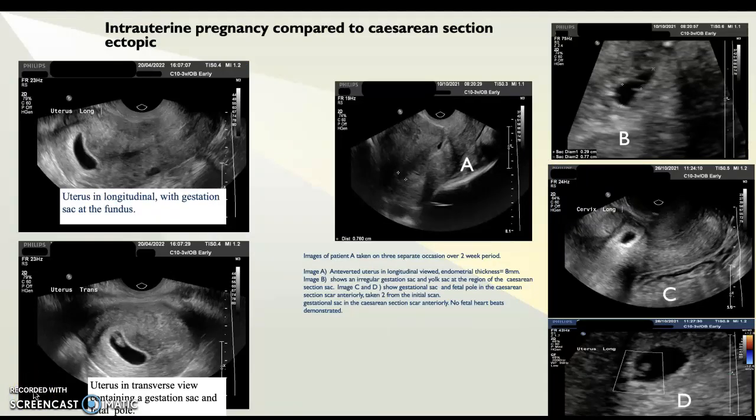When comparing the images of patient A to that of normal intrauterine pregnancy, we can see the major difference an ultrasound scan can show. In the first two images, we can see normal intrauterine pregnancy at the fundus in both planes. In comparison to patient A's images, we can see an empty uterus, clearly visible endometrium, empty cervical canal, and gestation sac at the region of the previous Caesarean section scar.